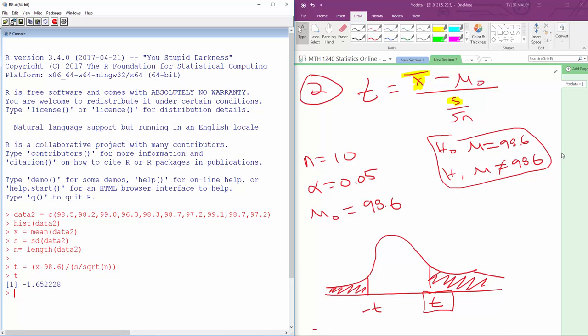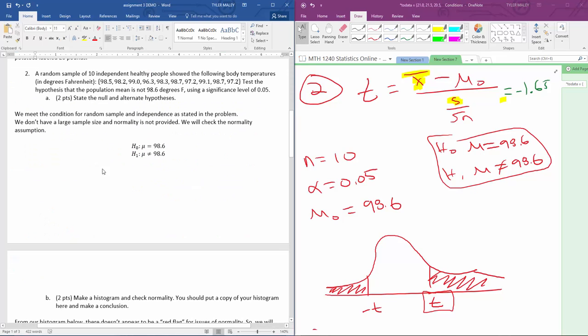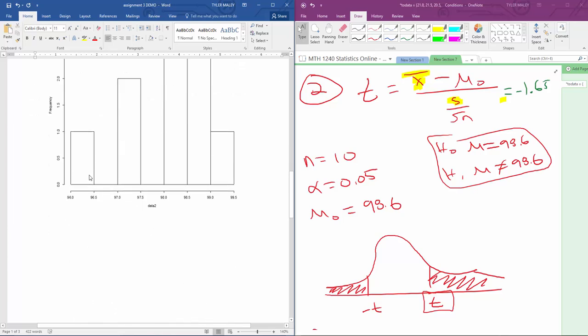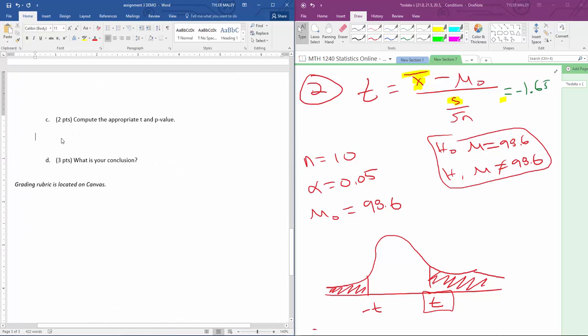So I calculated t to be negative 1.65 roughly. I can fill that into my Word document.